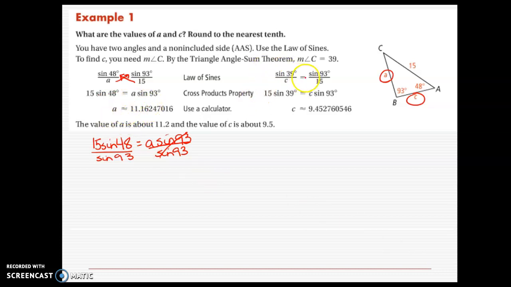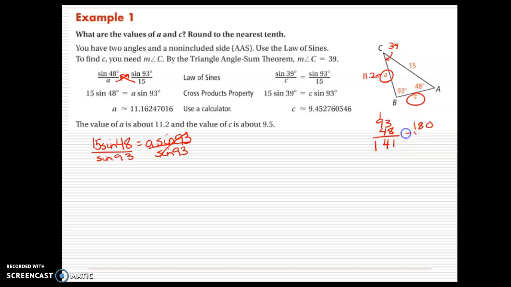Excuse me. All right, so this A is 11.2, but it is rounded off, so we don't want to use that to find C. So you'll have sine of 39, and the way that they got this angle was to add up the 93 and the 48, which gives you 141.